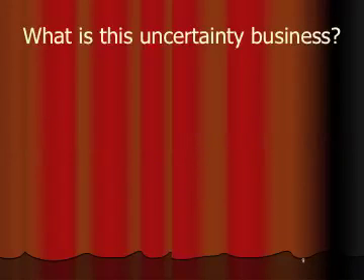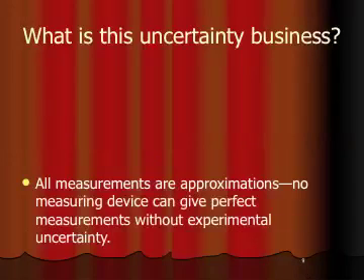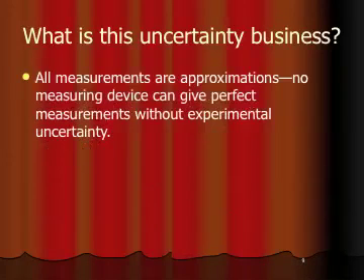Okay, so again, what is this uncertainty business? Uncertainty means that you're not certain about something, but how is this translated into science and how can you calculate it? Okay, we talked about how all measurements are approximations. No measuring device, no matter how good it is, can give you perfect measurements. It can give you very close approximations.